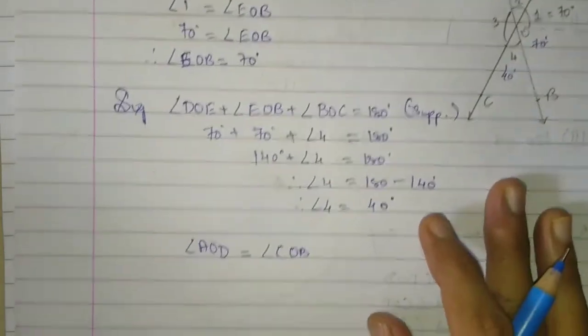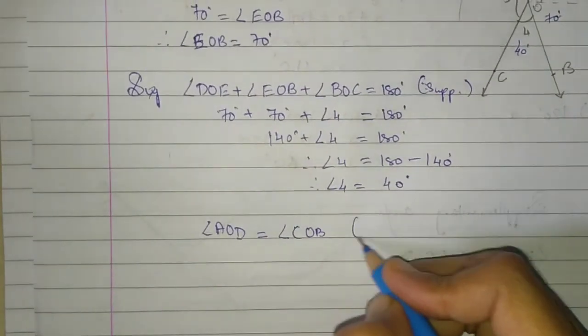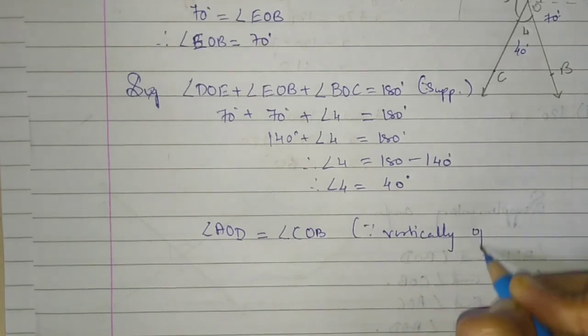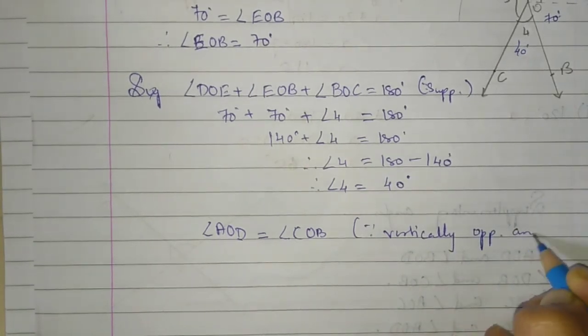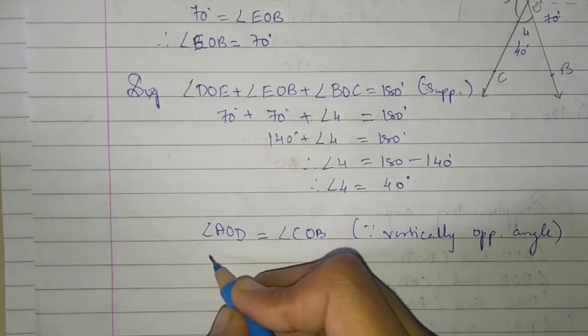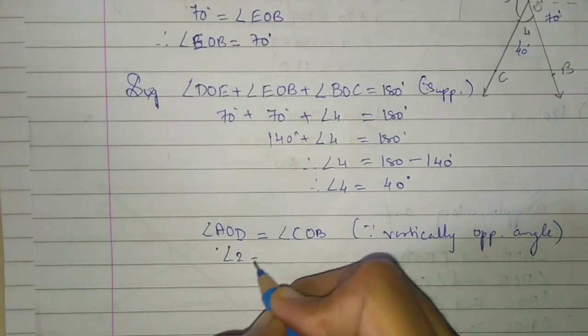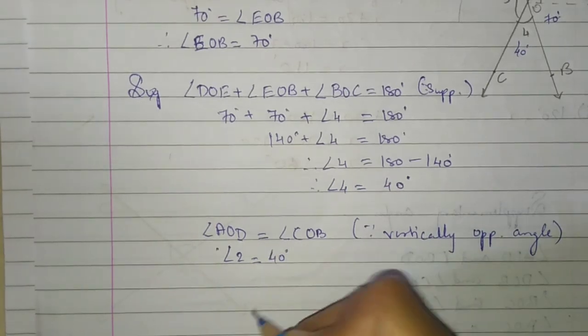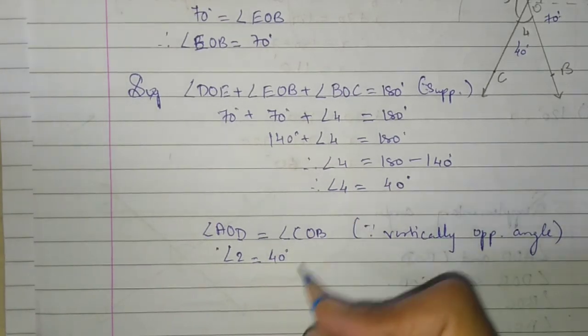Both are equal. Why? Vertically opposite angles. So angle DOB, which is angle 2, equals COB, which is 40. Angle 4 is 40. So we have found angle 2.